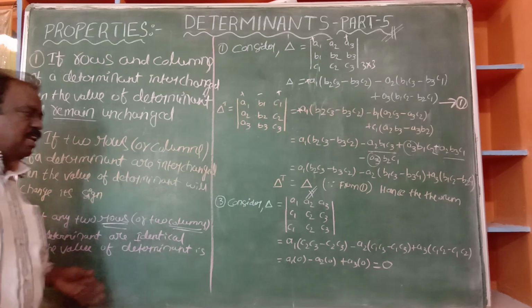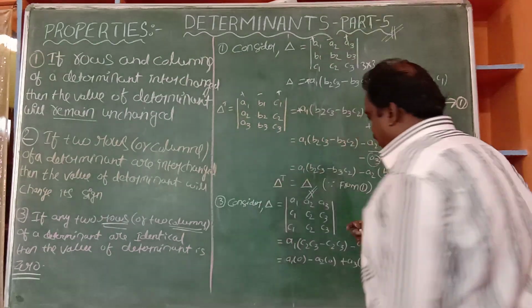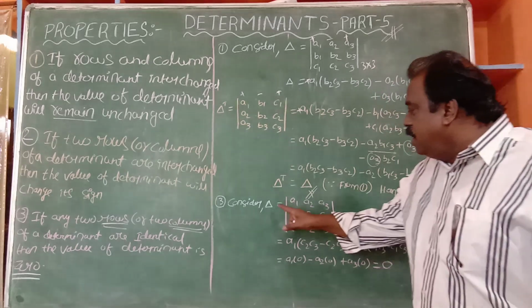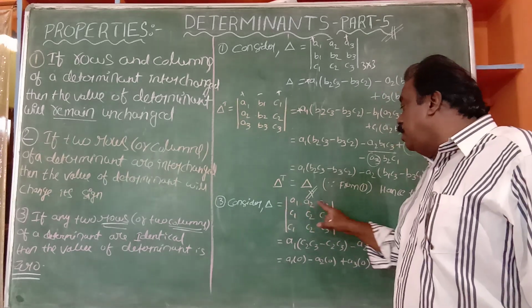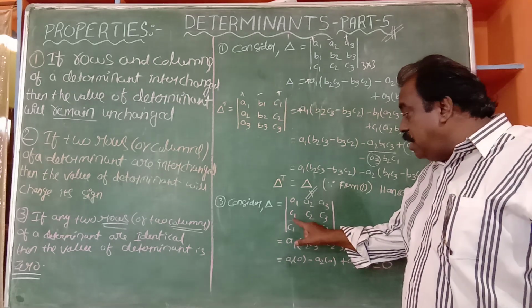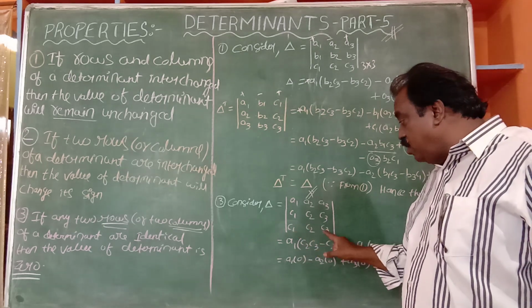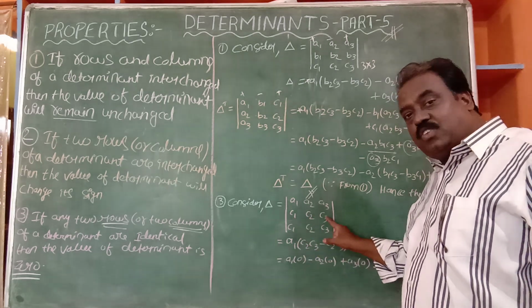You see, very clearly we can solve by taking this. Delta is equal to the determinant with first row A1, A2, A3, second row B1, B2, B3, third row C1, C2, C3, and the second one also C1, C2, C3.